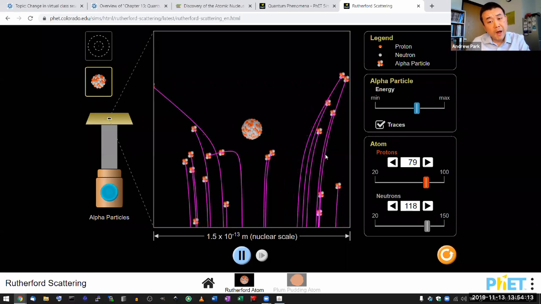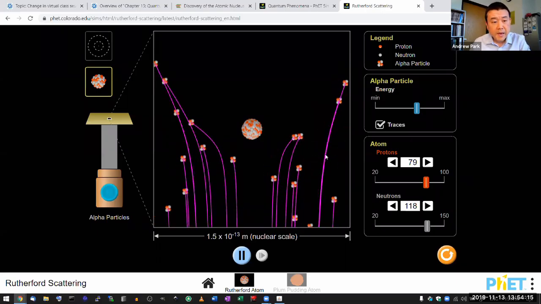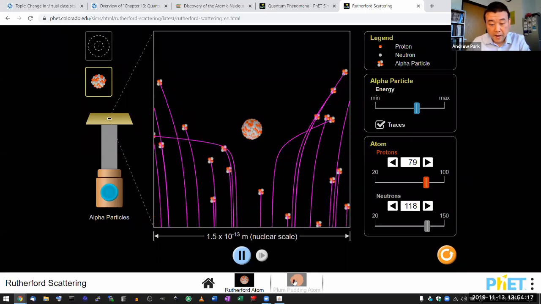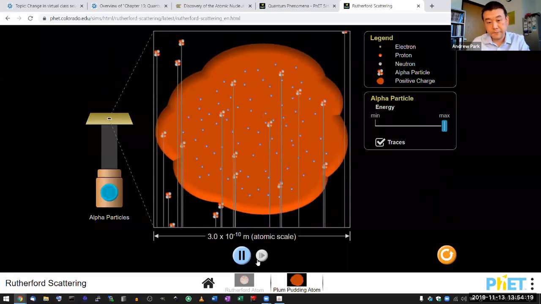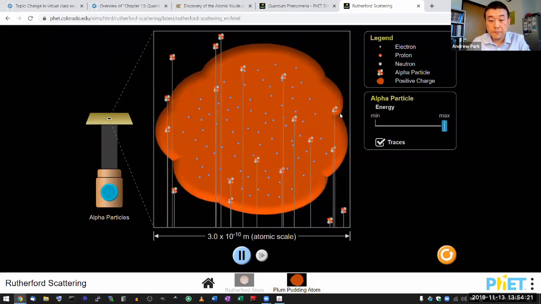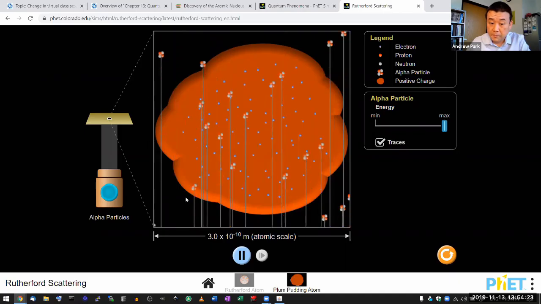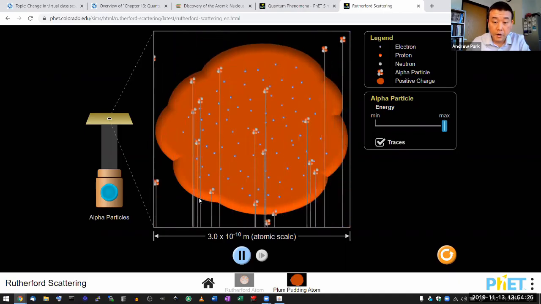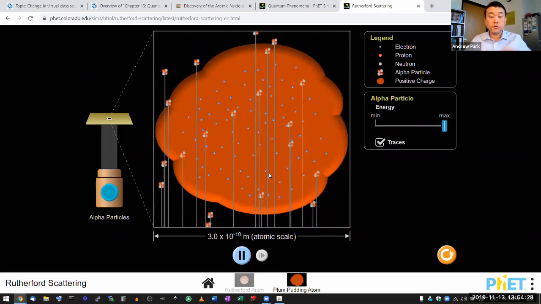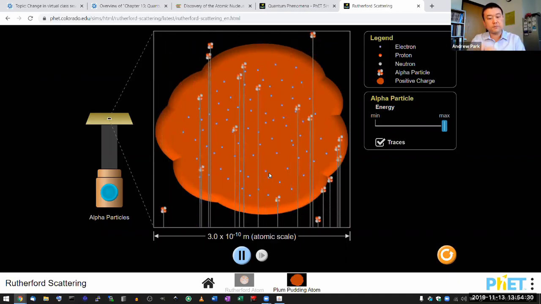And for that to be possible, he had to modify the plum pudding atom, which had most of the mass of the atom and the positive charge spread out over a large area, into a very compact, very small area.